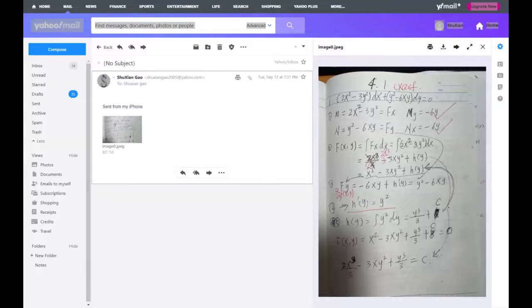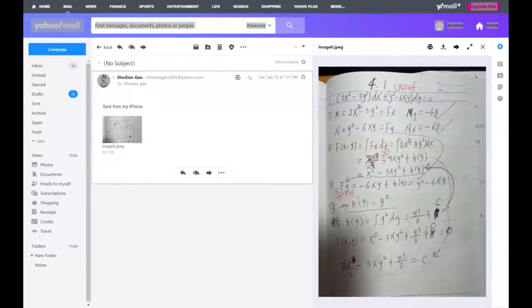So 2x cubed over 3 becomes 0, giving negative 6xy plus g prime of y, because N is f_y, so that makes them equal. So I can find that g prime of y equals y squared.